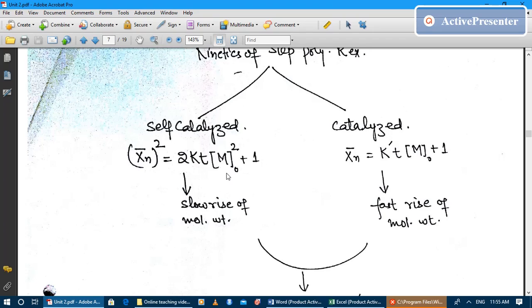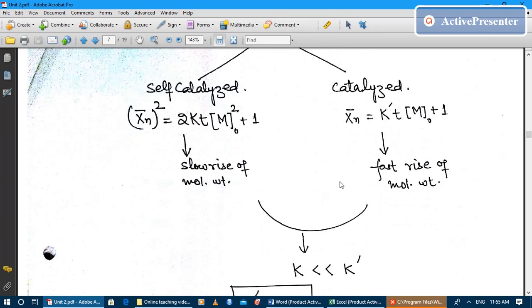So my self-catalyzed polymerization reaction, where xn bar is proportional to under root of t, is slower in terms of rate of reaction or slower in terms of rise of the molecular weight, whereas externally catalyzed polymerization reactions are fast and molecular weight will rise much quicker as compared to self-catalyzed polymerization reaction.